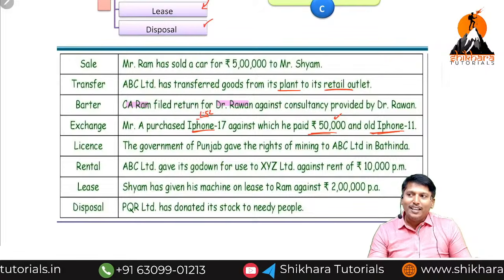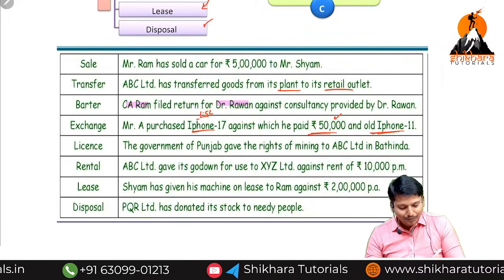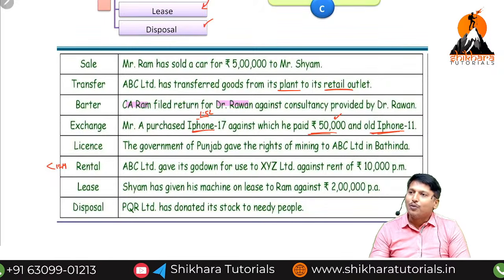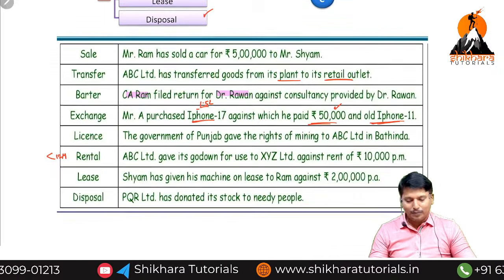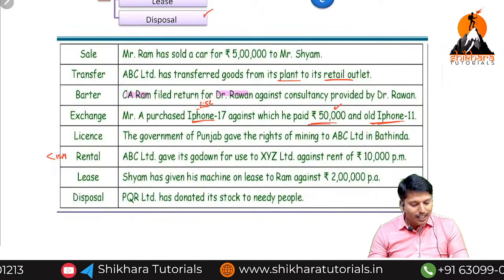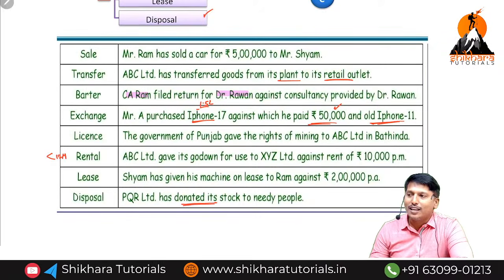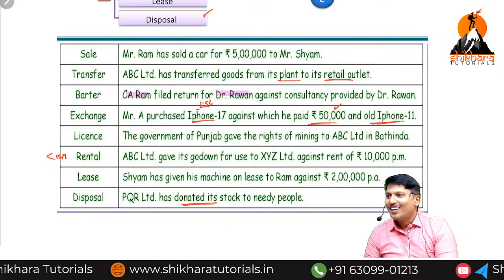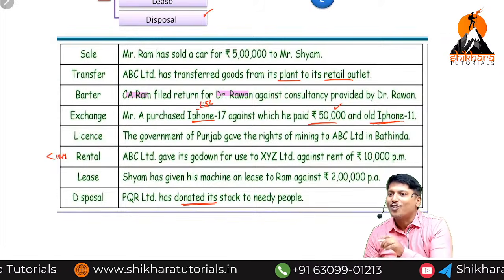Rent: the period less than 12 months. Lease: the period more than 12 months. Okay. Disposal. If I donate blankets to poor people, it's not a disposal. It's not done in the course of business.